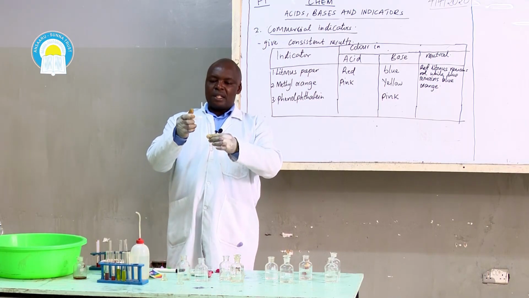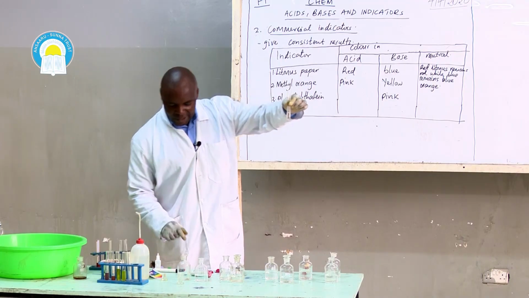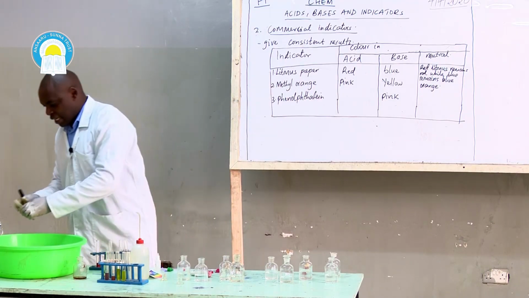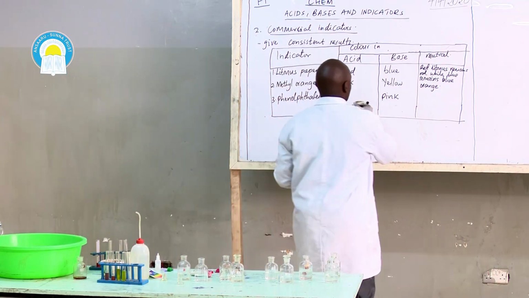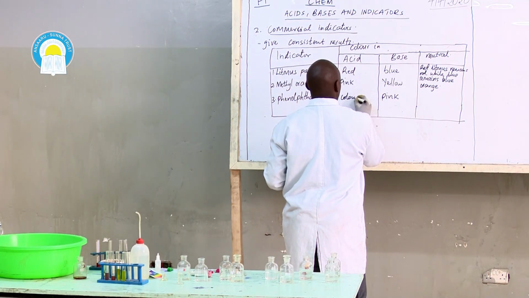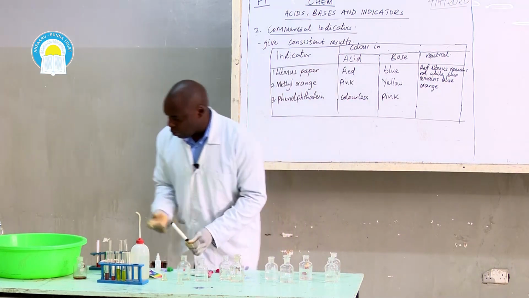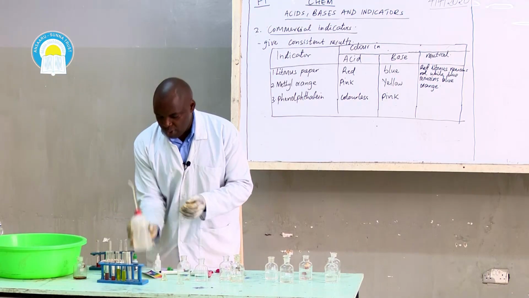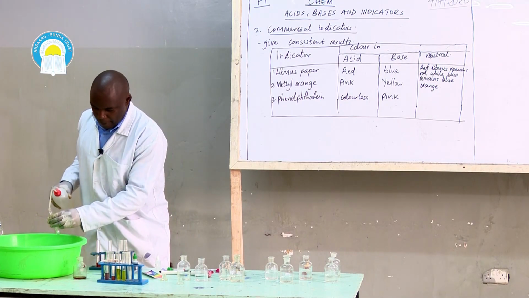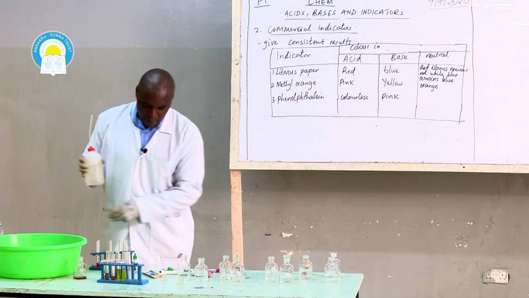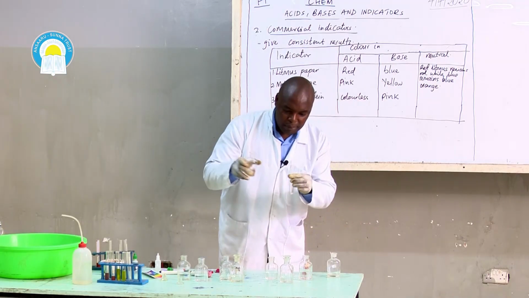So in an acid, the color of phenolphthalein indicator is colorless. The color in acid is colorless. Now we want to see the color in a neutral substance like sodium chloride.